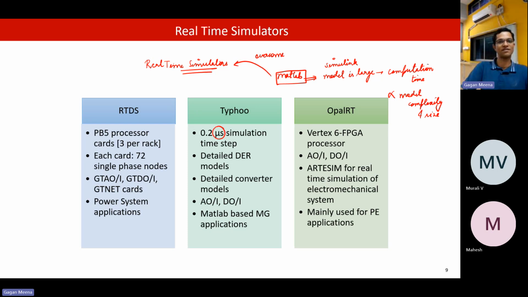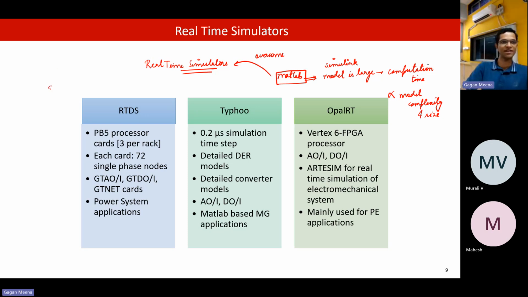We can simulate even micro synchro phasors. There are also devices which record the phasors, synchronized phasors with the time step.